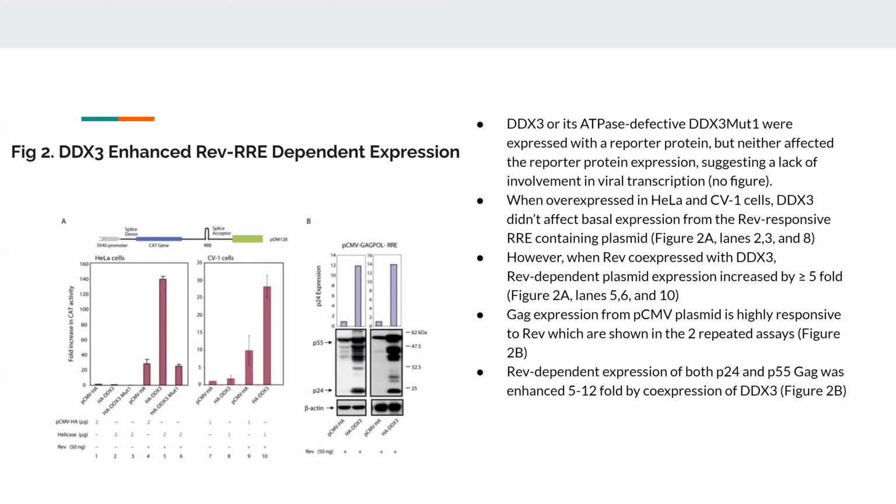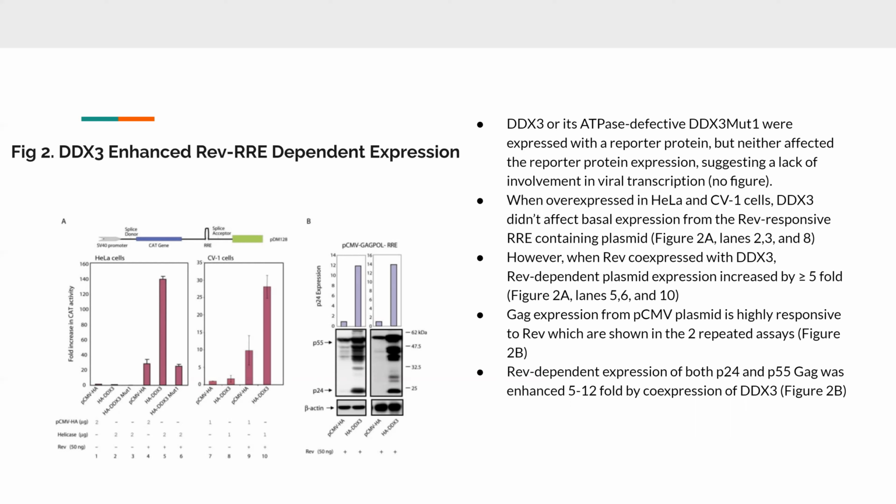When overexpressed in either cells, DDX3 didn't affect basal expression from the plasmid, as seen in lanes 2, 3, and 8. However, co-expression of Rev protein with DDX3 allowed Rev-dependent plasmid expression to increase, as seen in lanes 5, 6, and 10.